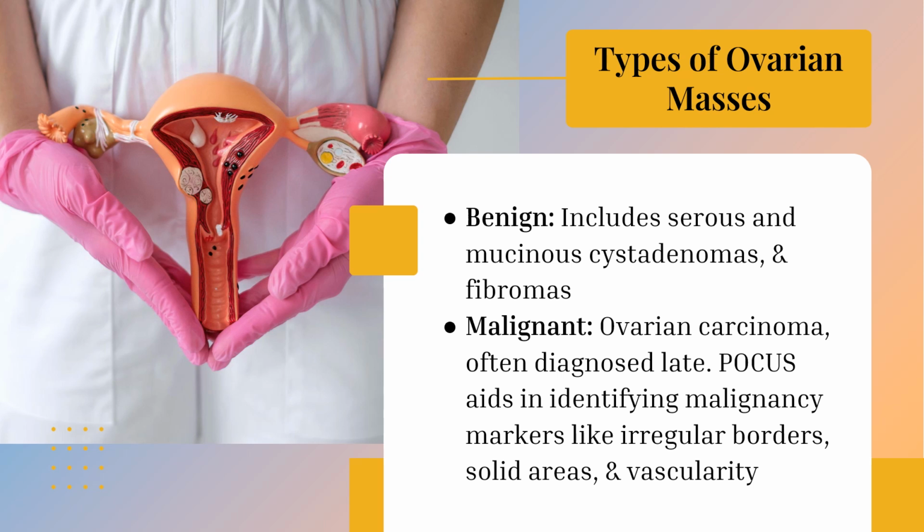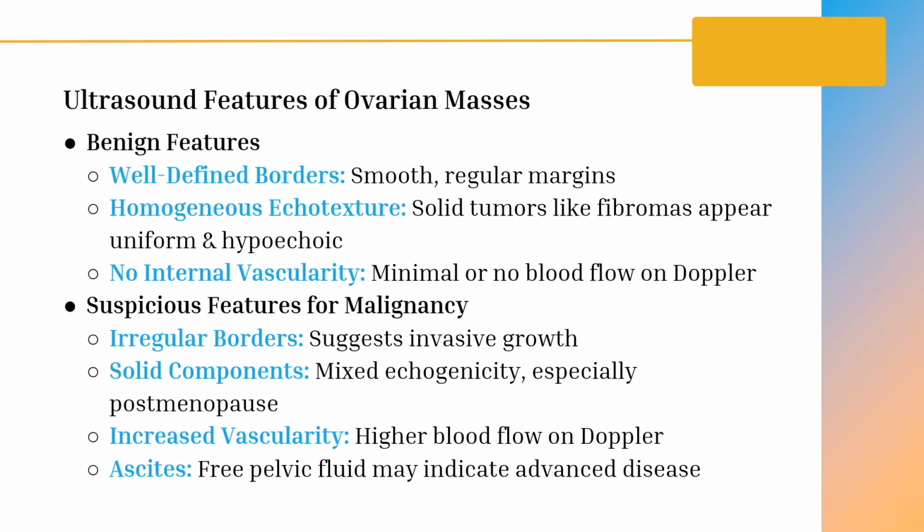There are different types of masses. The benign ones are more serous or mucus filled, and then the malignant ones are, unfortunately, more often diagnosed late. They have markers of irregular borders, solid fill, and lots of vascularity. So you're going to notice on a Doppler flow lots of blood flow to those ovarian masses. Here are some key features on an ultrasound with ovarian masses.